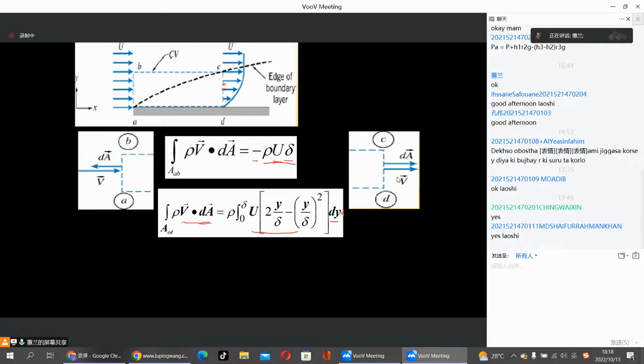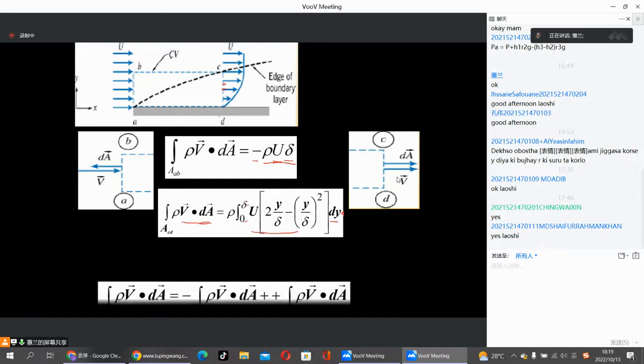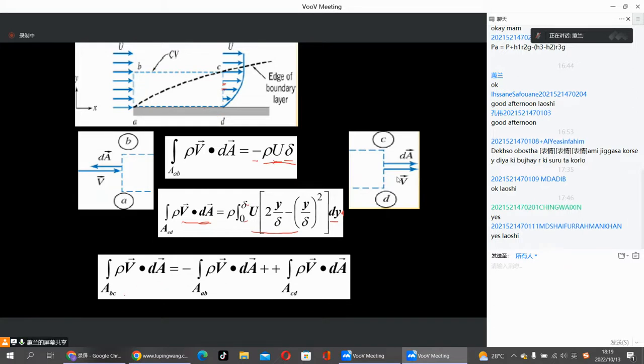And we integrate for the whole section. So the limit of y will go from 0 to delta. Okay. And then you can calculate the volume flow rate or the mass flux across BC. Okay.